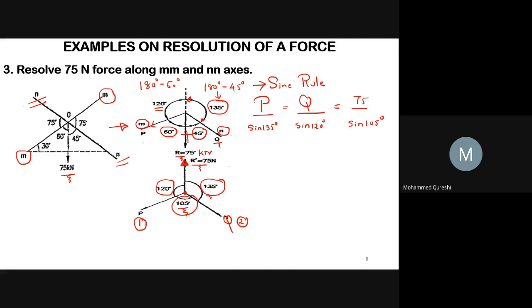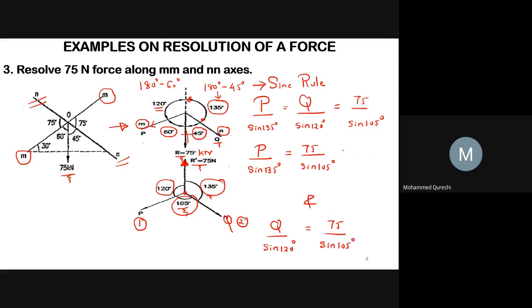So I got the equation as A equals B equals C. C is a known value, so we may write P upon sine 135 degree equals the known value 75 upon sine 105 degree. And similarly, Q upon sine 120 degree equals the known value 75 upon sine 105 degree.